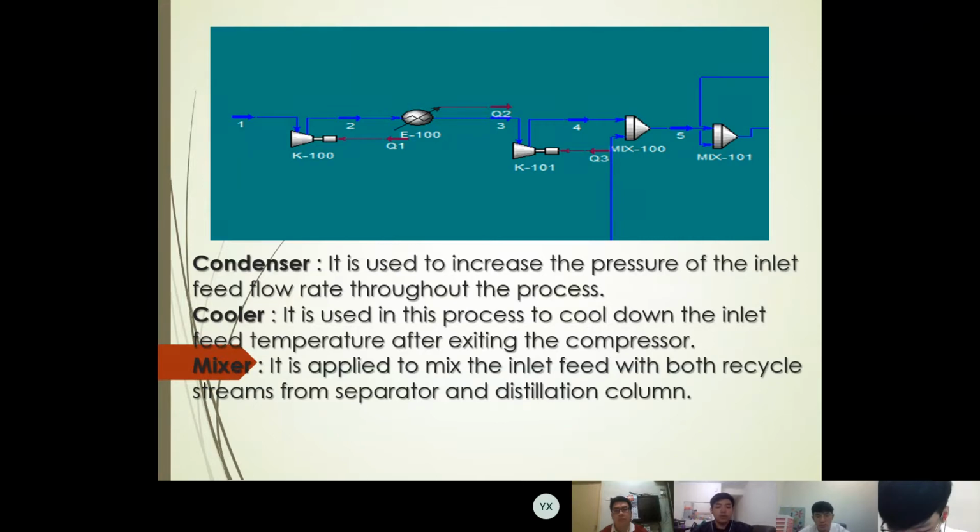A second compressor was used to further increase the pressure of the stream from 7,500 kilopascal to 12,000 kilopascal. The inlet stream was further sent into the mixer to be mixed with the recycle stream from the two separators and distillation column in order to reduce cost and waste.